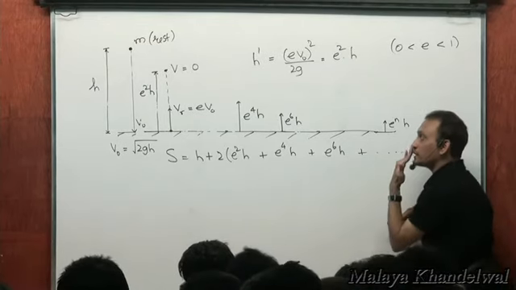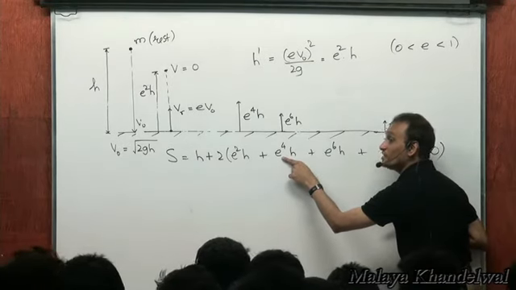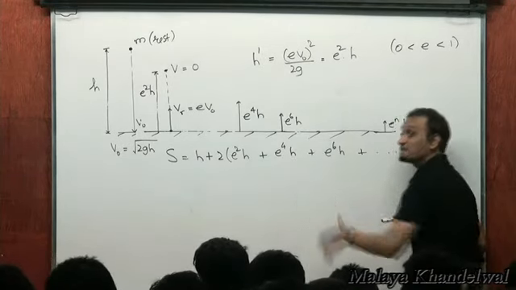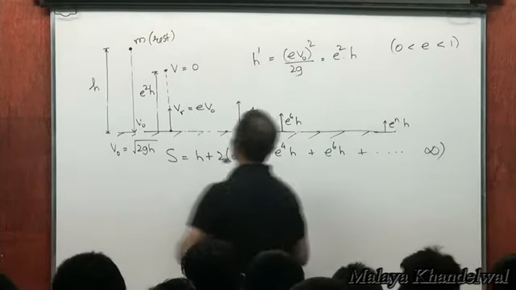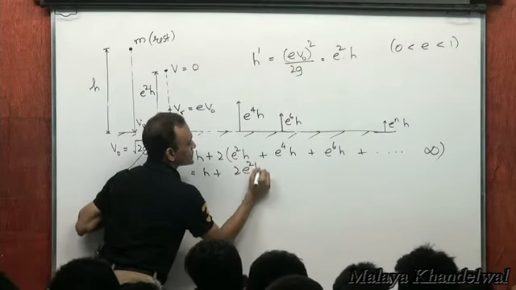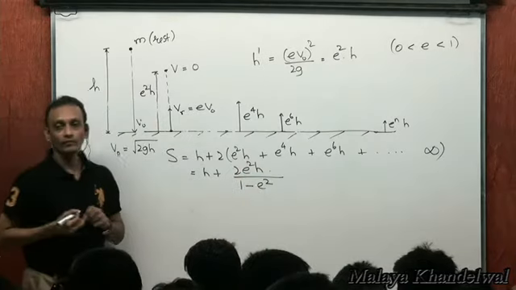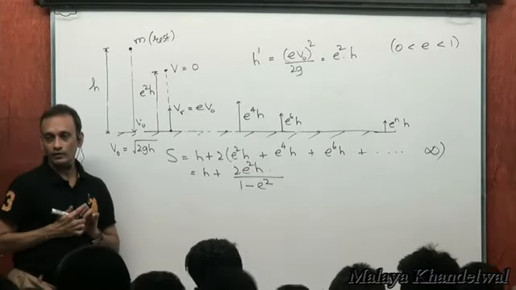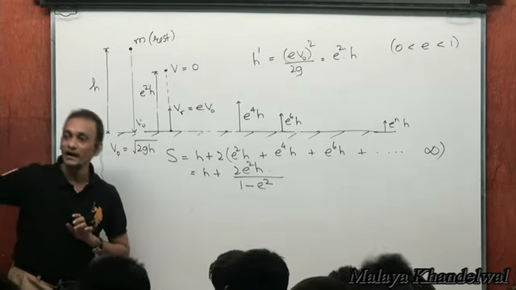Do you realize that this is a GP series with common ratio e squared, less than 1? And the sum of an infinite number of terms of a GP series would be? Right, that's what we'll do. So this would be h plus twice e squared h divided by 1 minus e squared. 1 plus r plus r squared up to infinity would be 1 by 1 minus r.